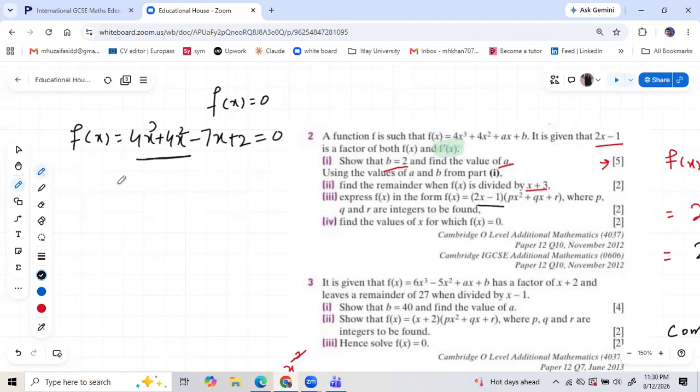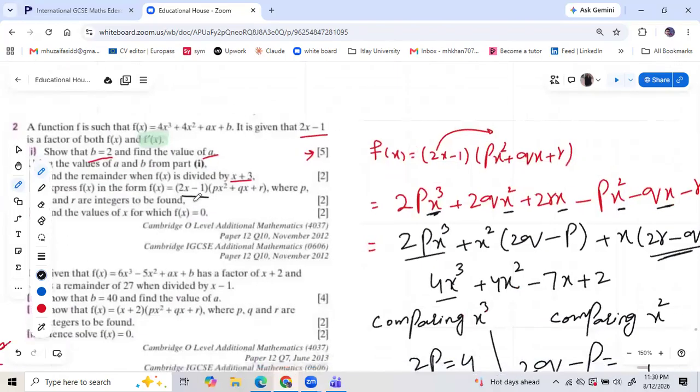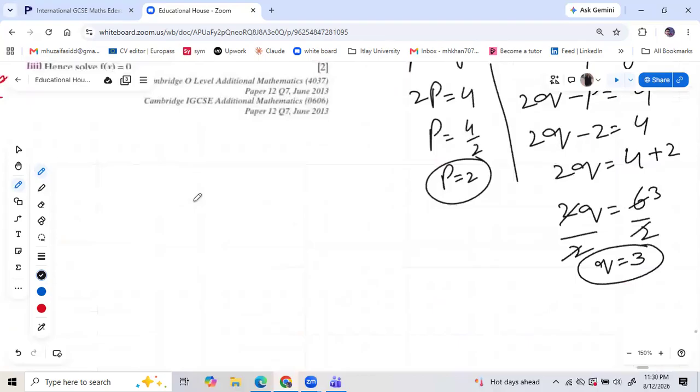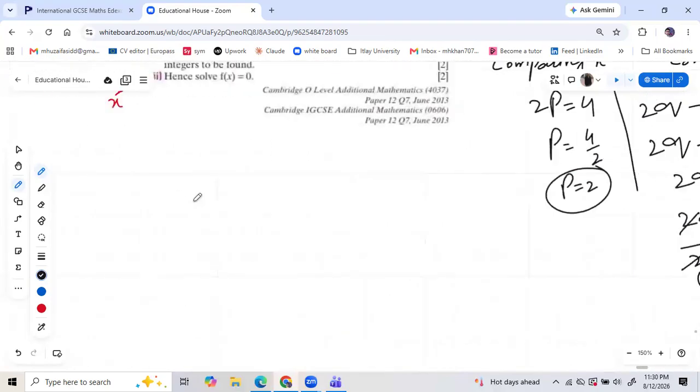Look at it here. This is 2x minus 1, and this is px squared plus qx plus r equal to 0, and we already found the values of p and q. The p value is 2, q is 3, and r is minus 2.